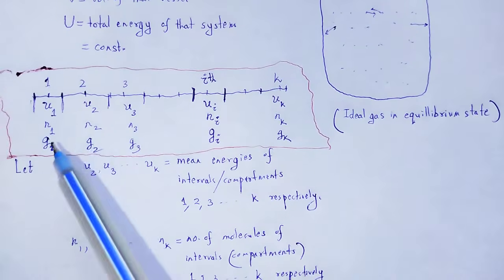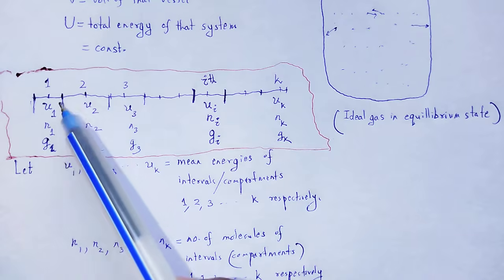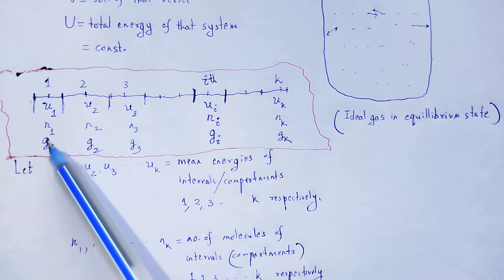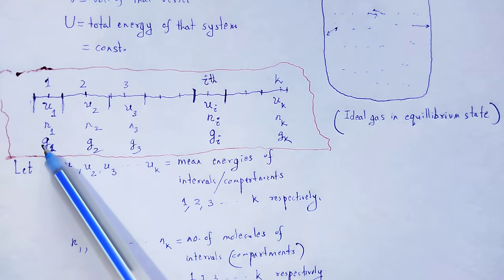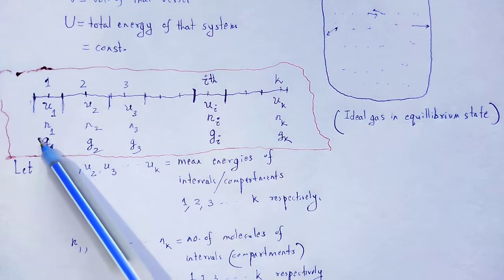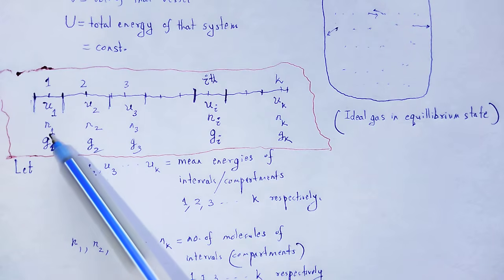Look here, in compartment 1, it is divided into G1 number of such elementary cells with N1 number of molecules.